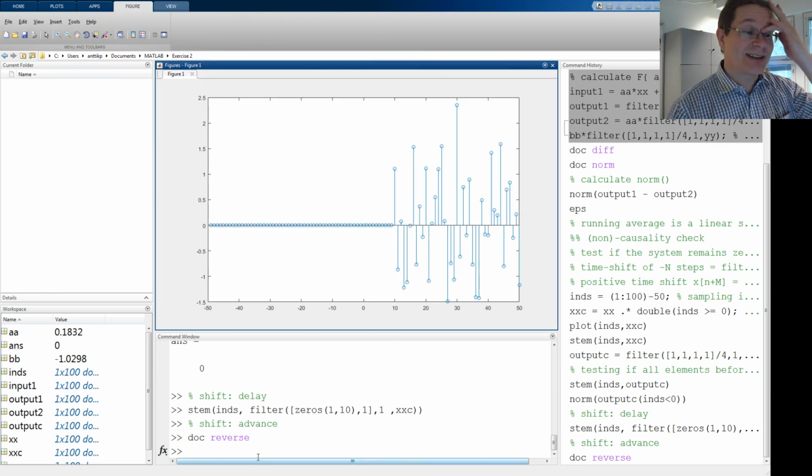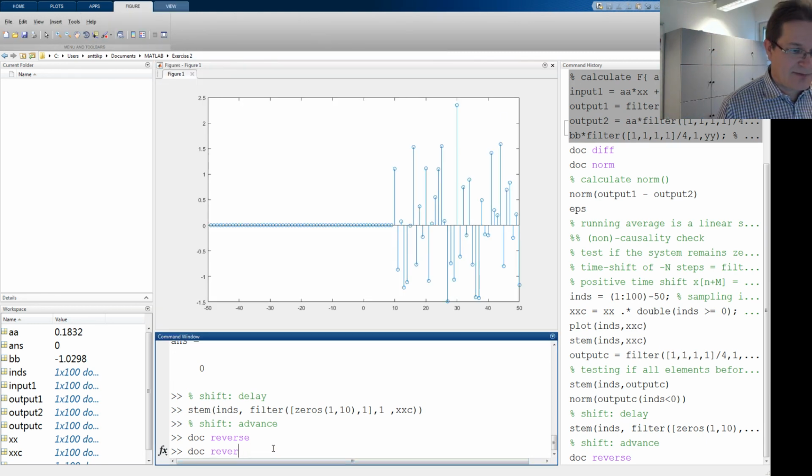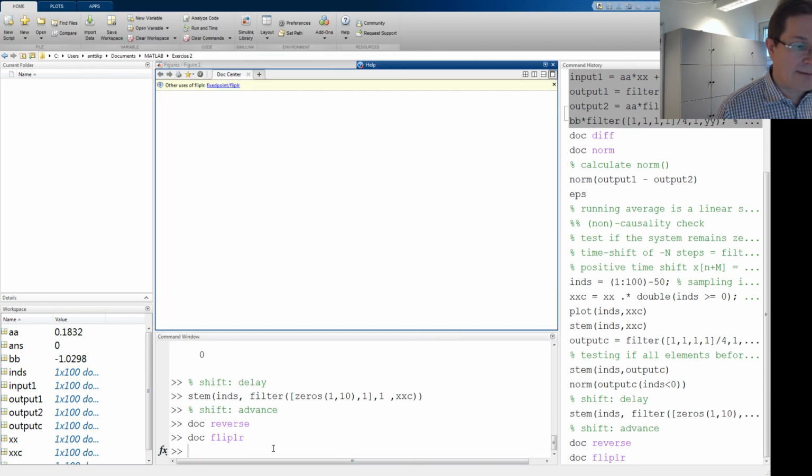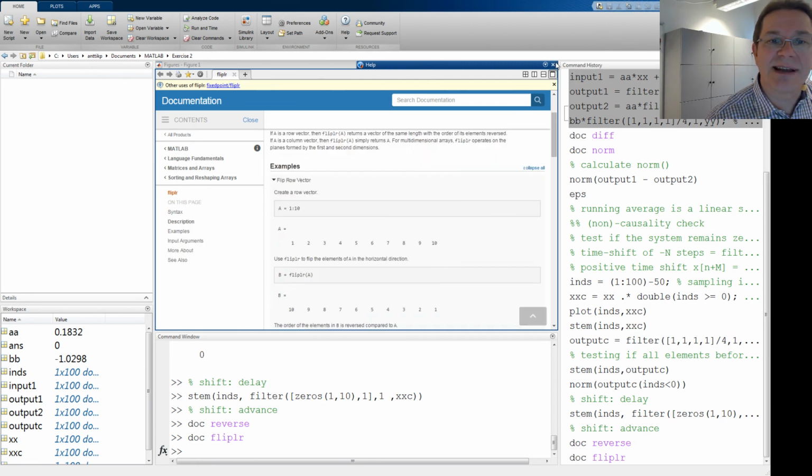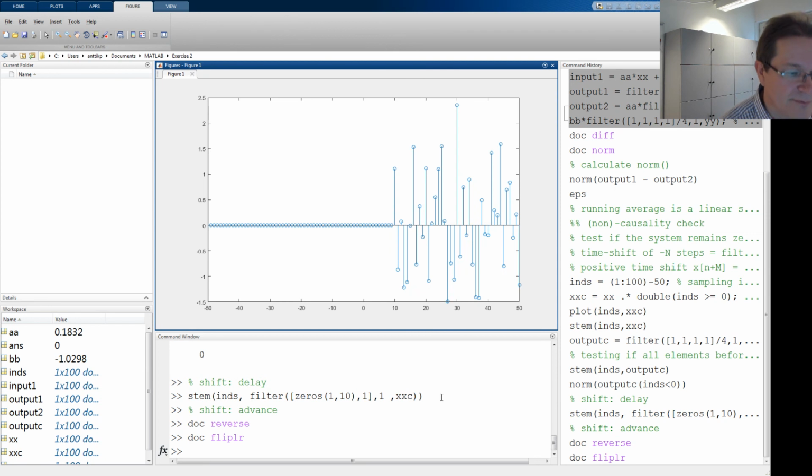Ah, yes, flip. It flips from left to right. Yeah, it's just flip. Or there's also flip LR, so flip LR, yes. Excellent. So yes, it's that one. Good. Thank you.